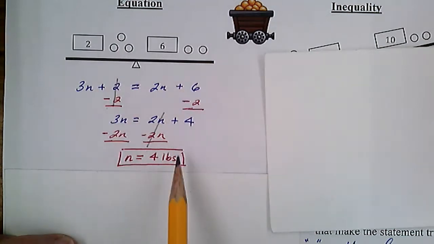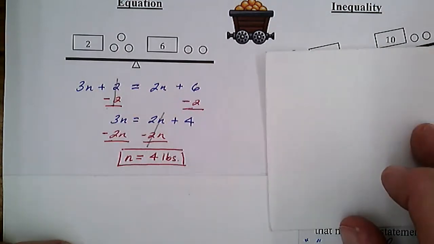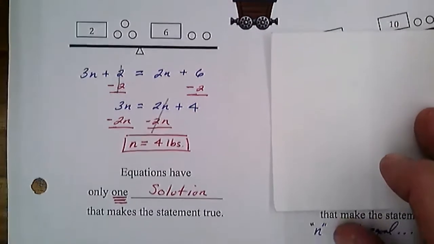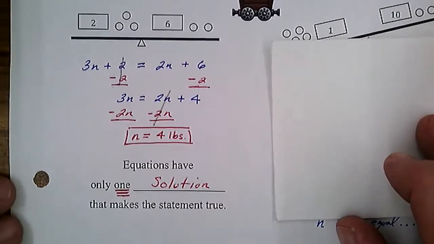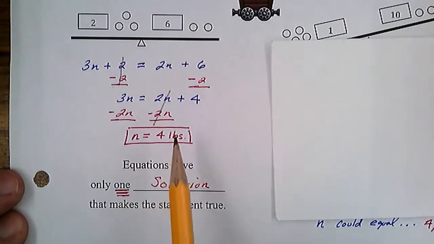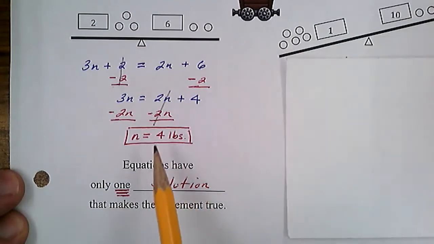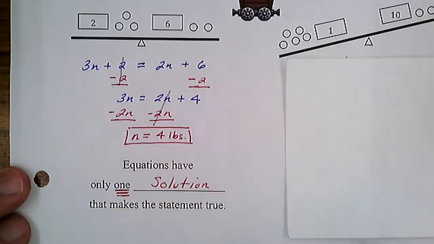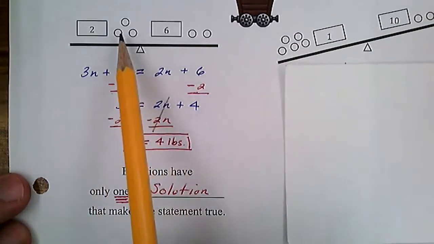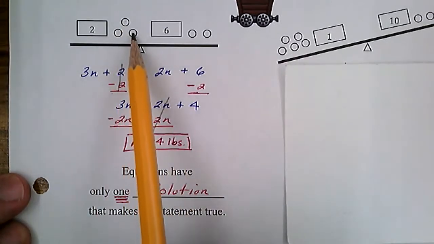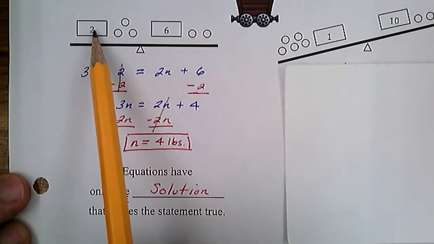Now, there's only one correct answer that will make this true. This equation has only one solution. And that one solution is the number 4. If I put 4 up here, 4, 8, 12, and then 2 more pounds makes 14.